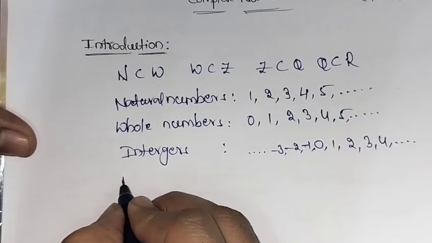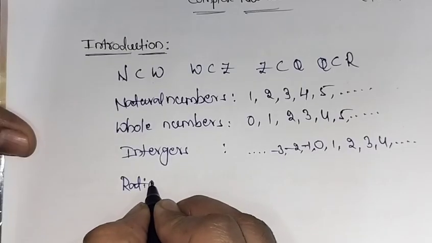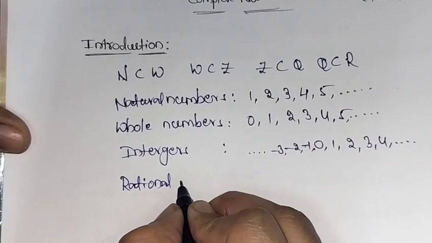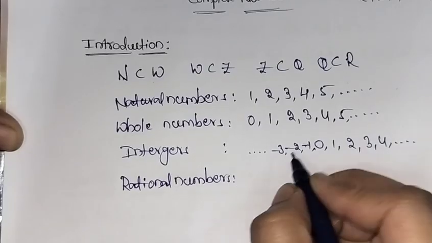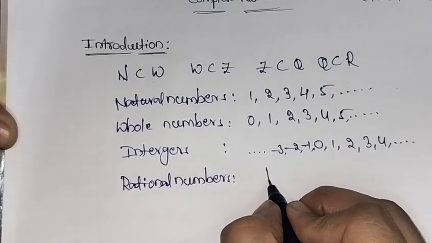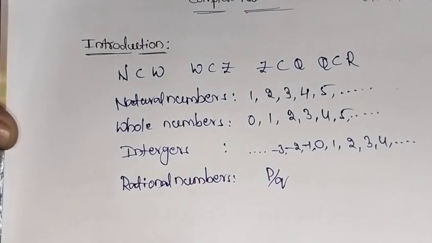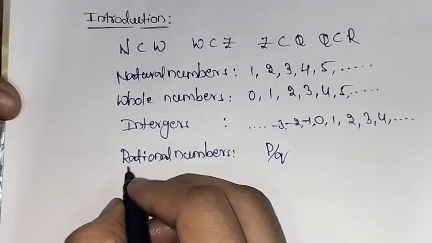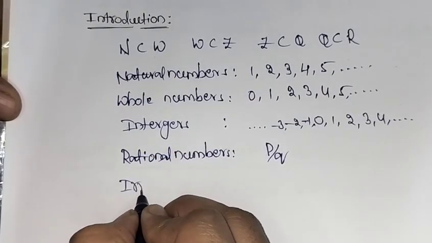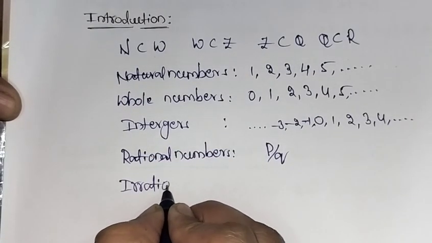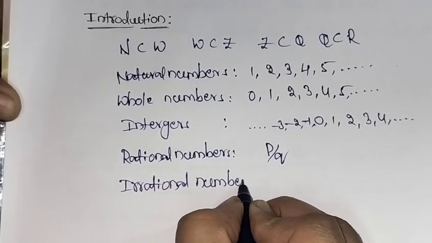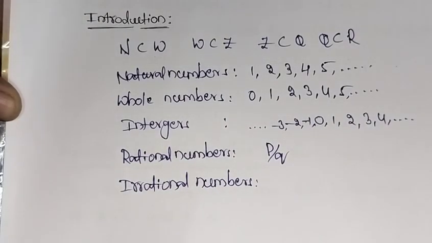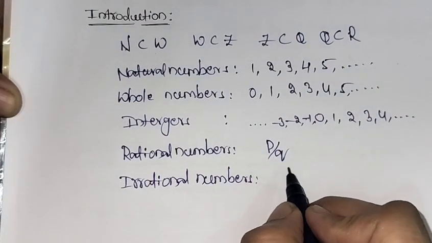Rational numbers are in p by q form. Irrational numbers cannot be written in p by q form.